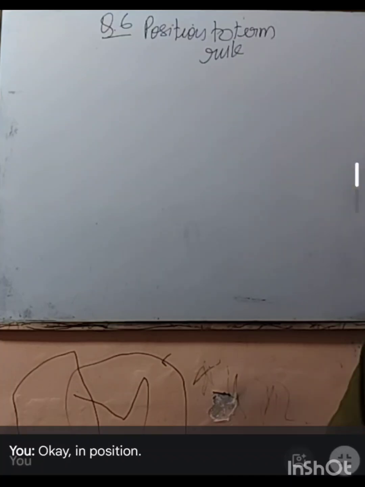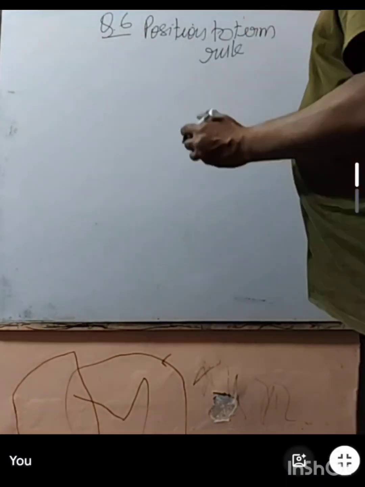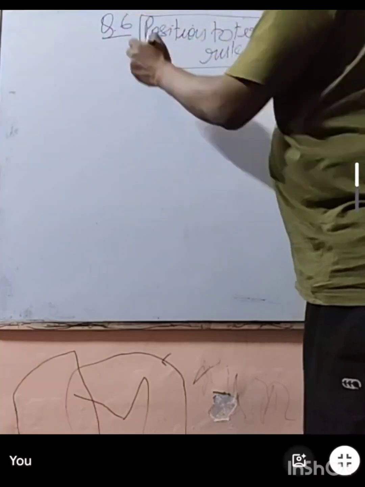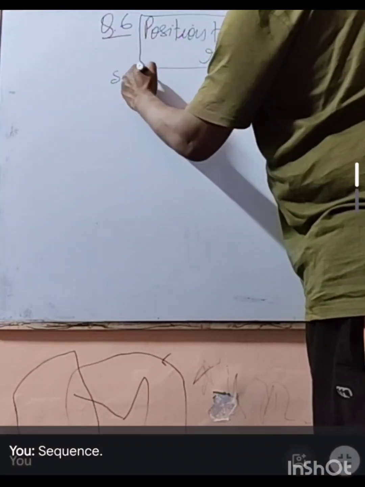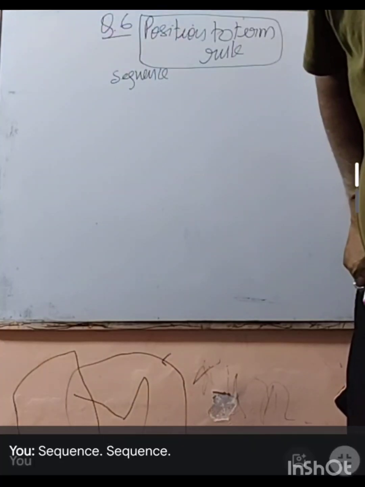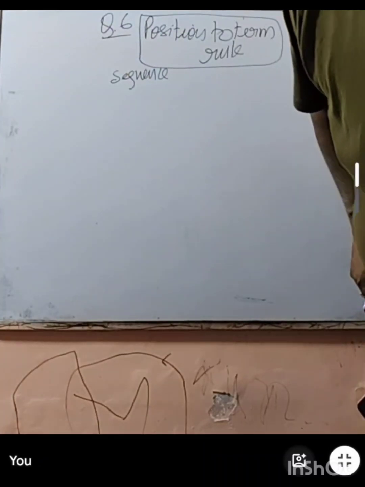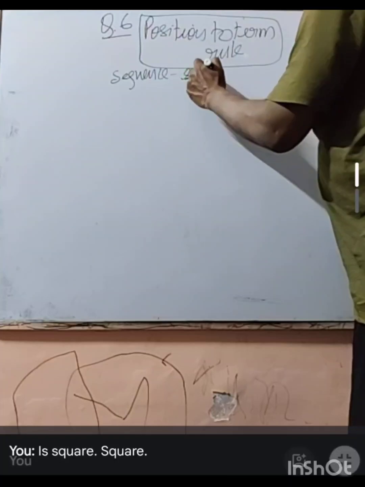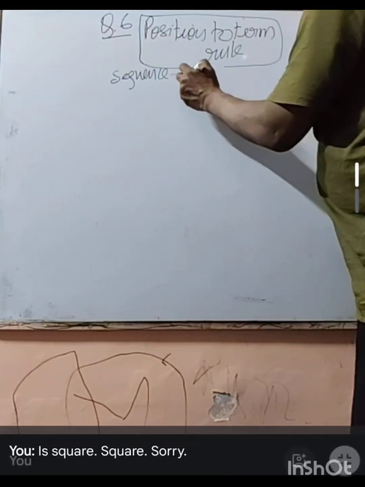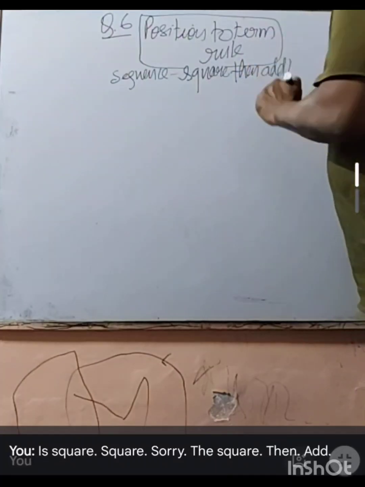Okay. In position to term rule, what happens? Suppose there is a question: square, then add 1, right?